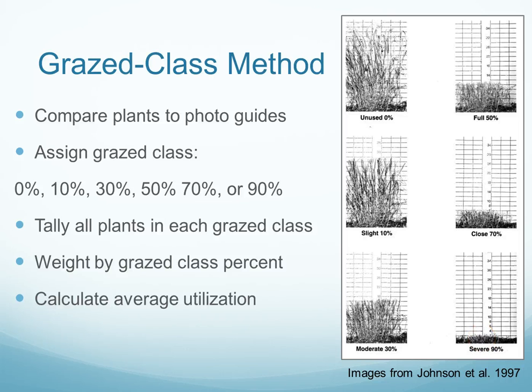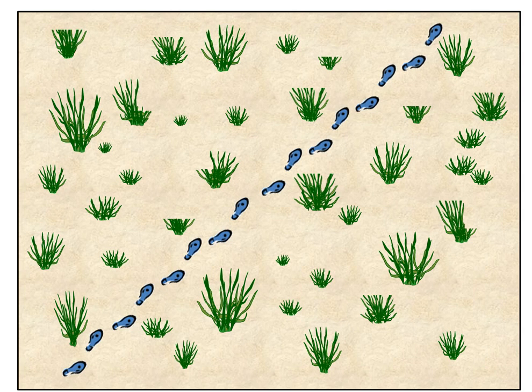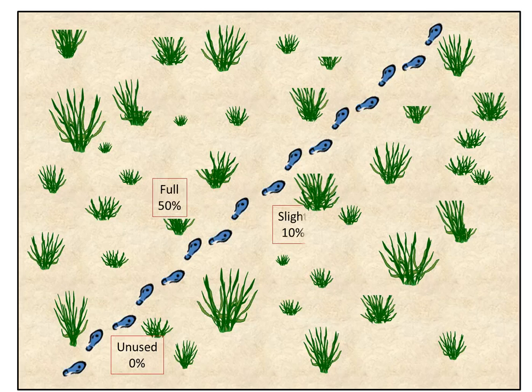Again, we would walk a transect and tally all of the plants in each of the grazed classes. We then weight them by the midpoint of that class and then calculate an average utilization. So again, let's see what happens when we walk our transect and examine the amount of use on each plant.